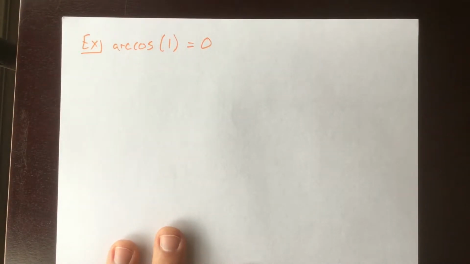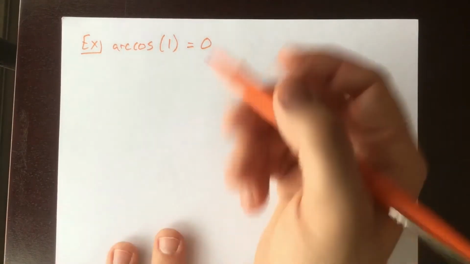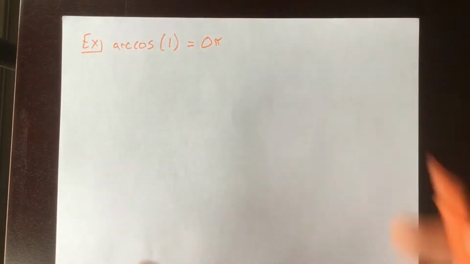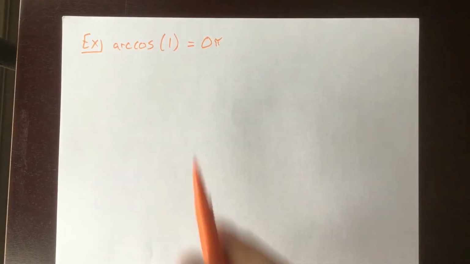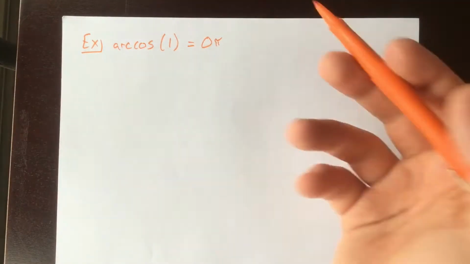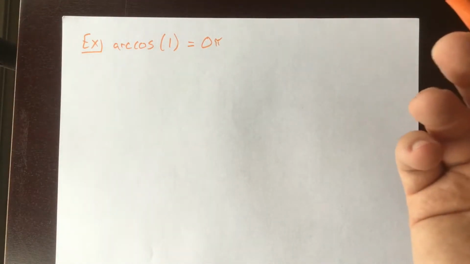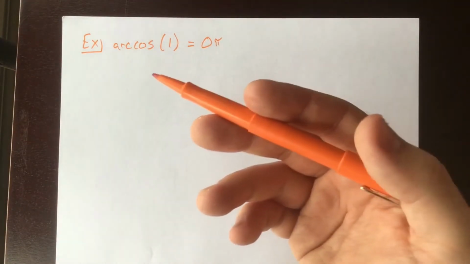So the arc cosine of 1 is 0 pi, or we'll write pi here so we know it's an angle measure, is 0 pi. And if I wanted the arc cosine of -1, well, we would be at pi.